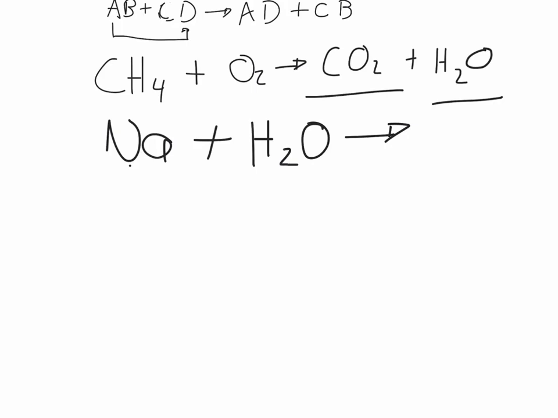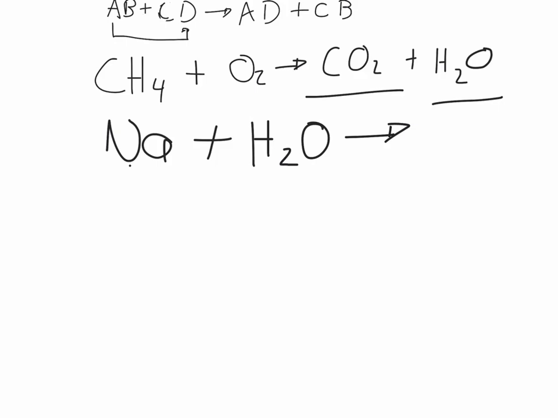Now, how do you predict the result of a reaction? I have here, what kind of reaction is this? It will be a single displacement, because you have an element and a compound.